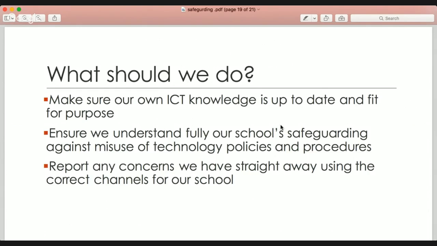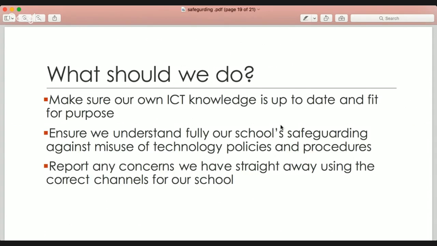Now, this is particularly important if you're new to working in a school. Make sure you read it and that you understand it and you understand the chain of communication that is involved should you suspect some misuse of technology with a young person in your school. If you don't know where to go or what the policy is, then you're unlikely to be effective.